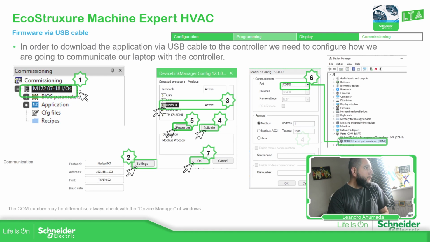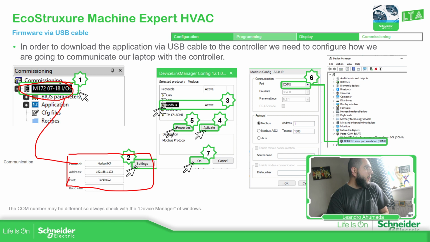So it is important to define how we are going to communicate from our PC to the device. In the commissioning part, when you select the controller, you just need to go to the communication and change the protocol that is already in there.